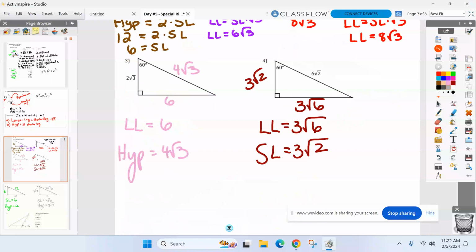So make sure you're checking your values up here. I got 3 and 4 up here right now. I'll put 5 and 6 up in a second. So here's 3 and 4.